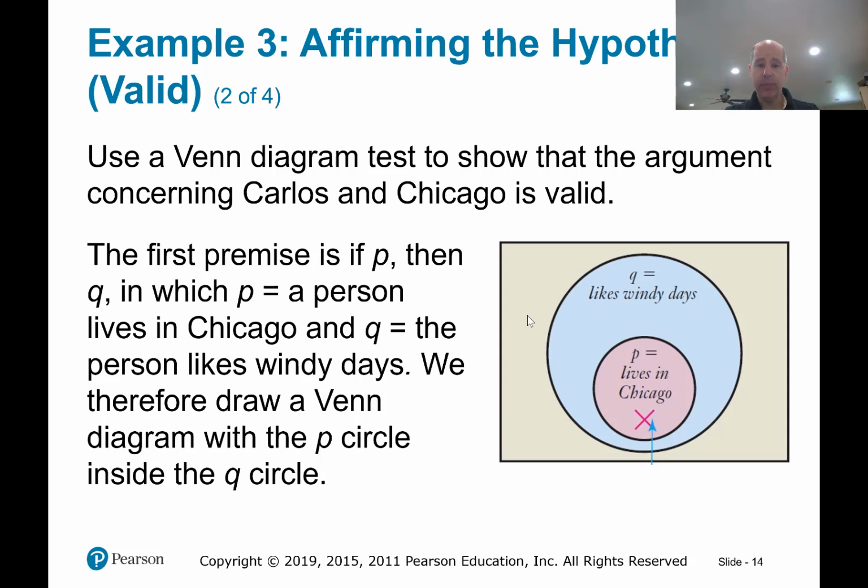Okay, now Carlos is a particular person that lives in Chicago. So where does the X go? Well, it has to go inside the pink circle. But here's the thing. If you put the X inside the pink circle, then guess what? You have to also be inside the blue circle, which means that he has to like windy cities. So the natural conclusion must follow, which is valid.